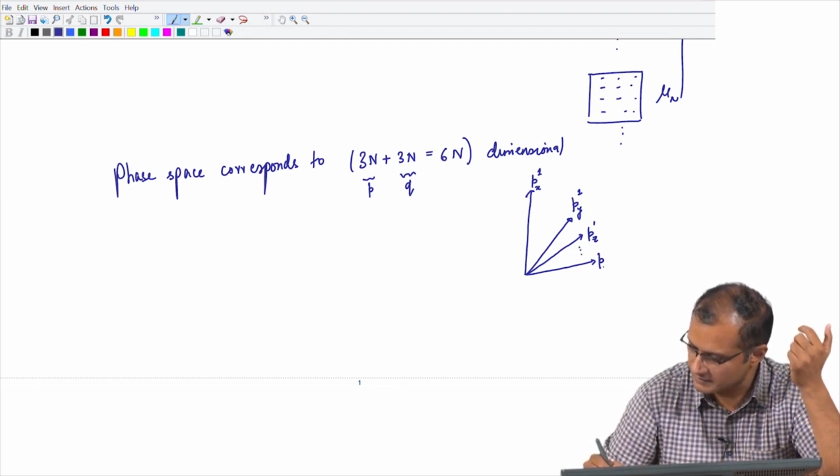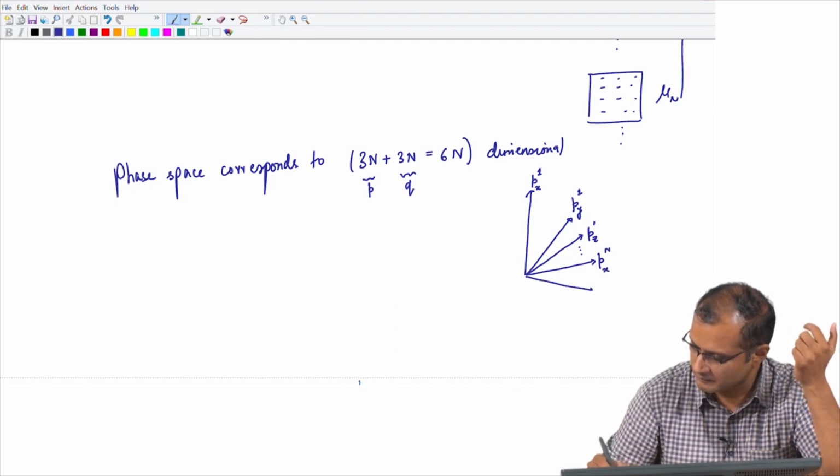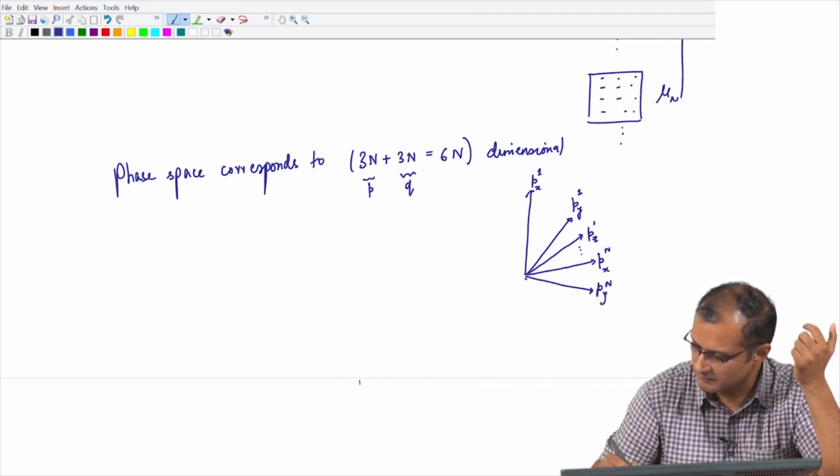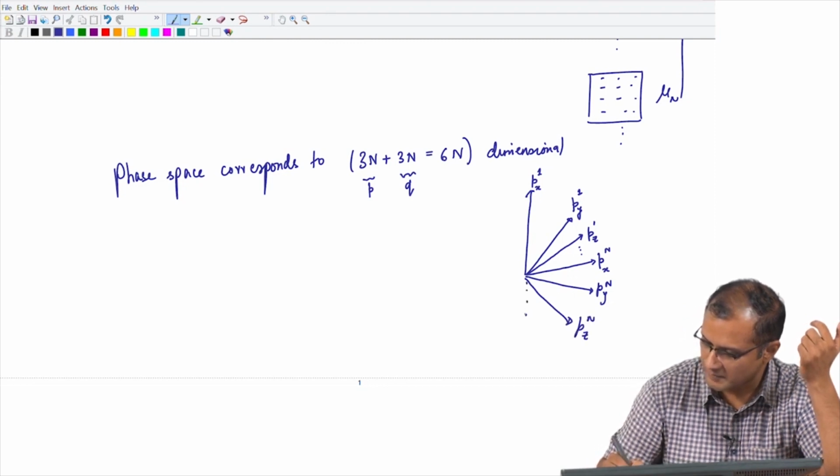So, you can take the 3N degrees of freedom, and now you can also take coordinates.